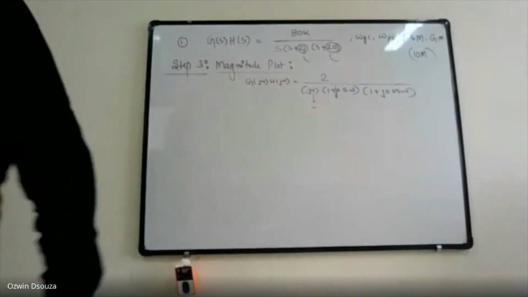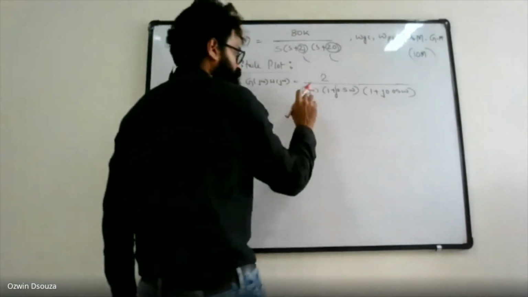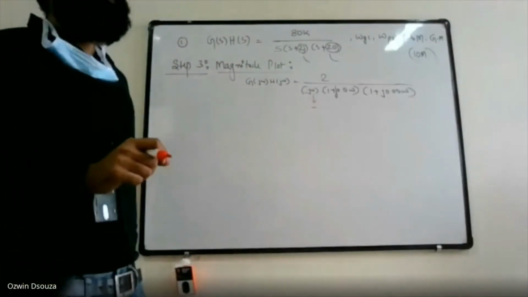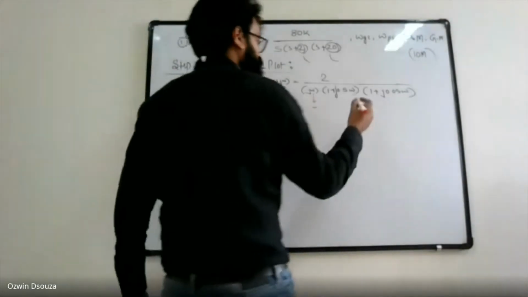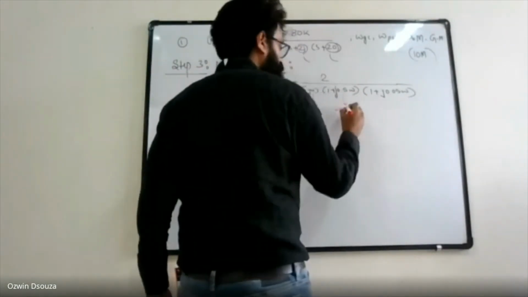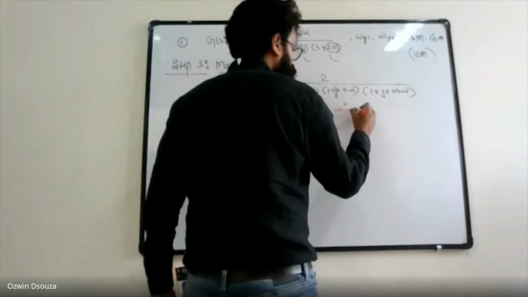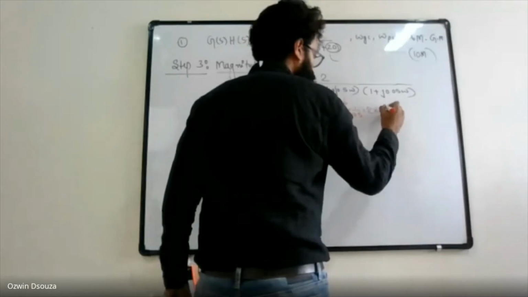You can just put dash. Okay, and that will be the starting frequency. Because this factor is found at origin, so origin is nothing but your starting point for your Bode. Right. And what is the corner frequency of this? Say omega c1. So omega c1 is 1 by 0.5, which is 2 radian per second.